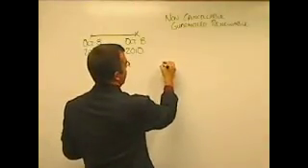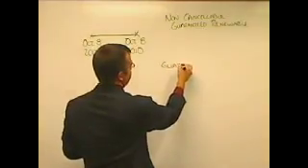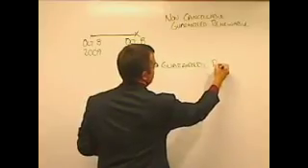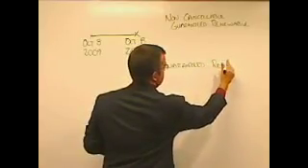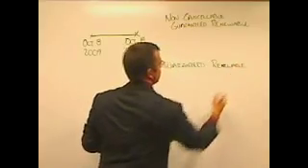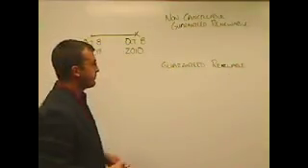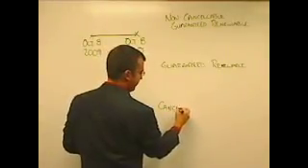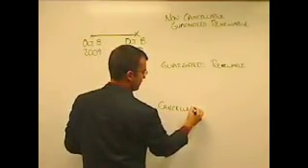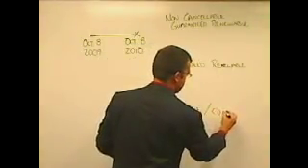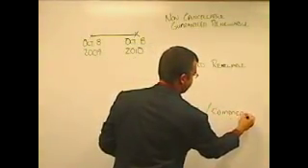We can purchase what's just called a guaranteed renewable contract. Or we can purchase a cancelable policy, which is also known as a commercial policy.